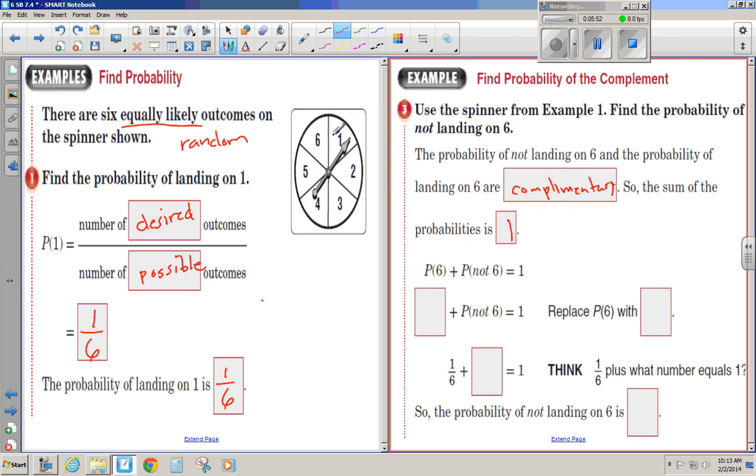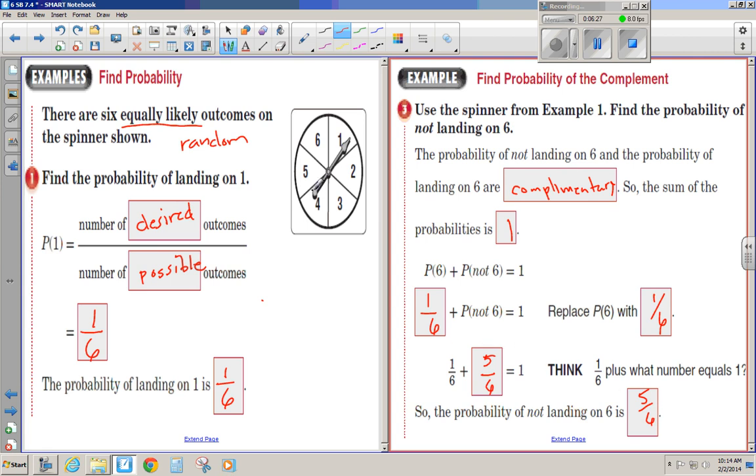You could just do probability the normal way. But you could also think that we know the probability of landing on a 6 is 1 out of 6. Adding that to the probability of not landing on a 6 should equal 1. So 1/6 plus 5/6 gives us 1. So the probability of not landing on a 6 is 5/6.